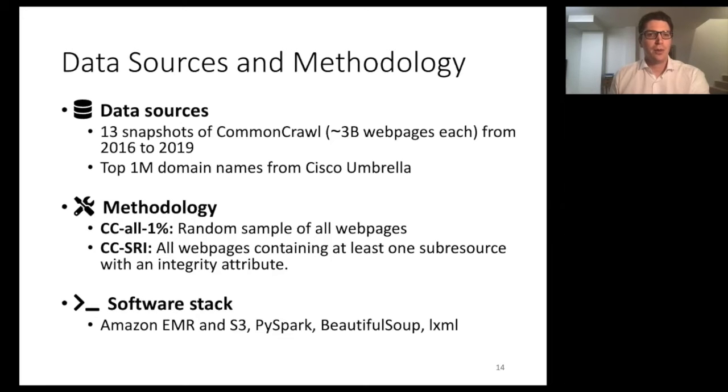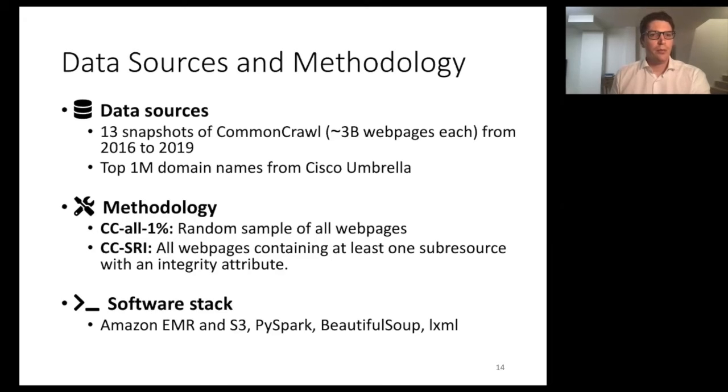And these snapshots span from 2016 to 2019. And to identify the most popular web pages, we use the second data set. It's the Cisco Umbrella data set, which is basically a top 1 million ranking of the most popular domain names, which is computed from the DNS statistics collected by Cisco.